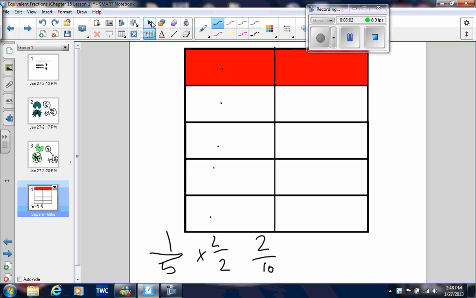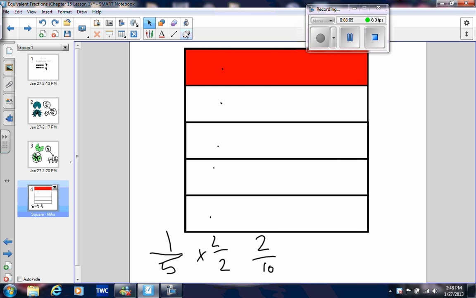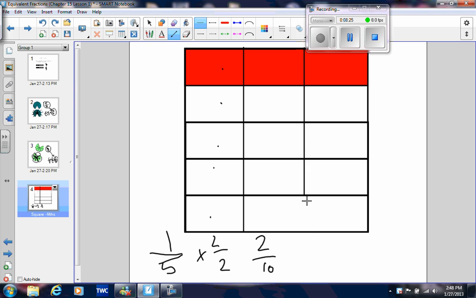Now, if I took that line back out again, and actually put in a line here, and then another one right here. Now you would actually have not 5 pieces any longer, or 10 pieces. Now you end up with 15 different pieces here.